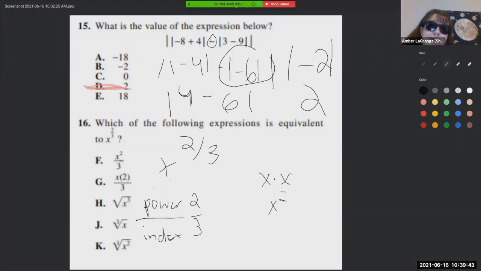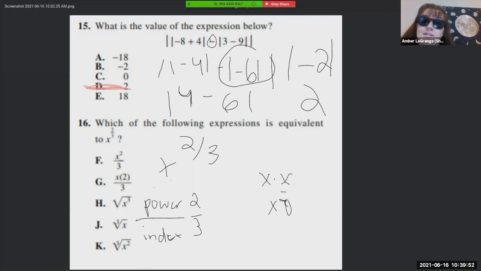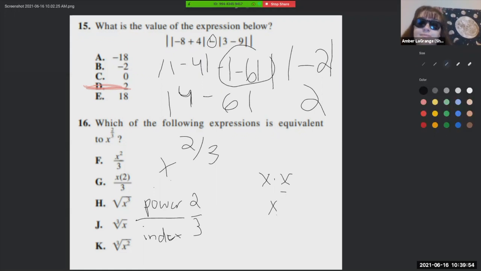Right away we can get rid of any answer that is not x squared. So that gets rid of G, H, and J. We are left with K and F.